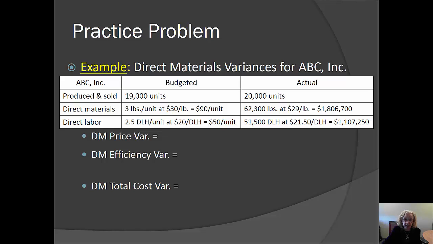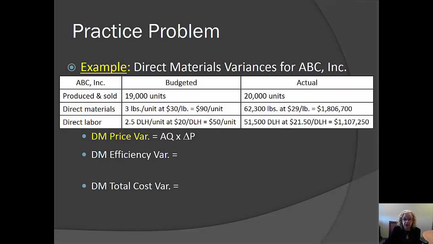What I'd like you to do is compute the direct materials price variance, the direct materials efficiency variance, and the total flexible budget cost variance for direct materials.